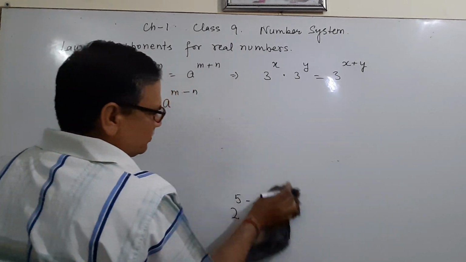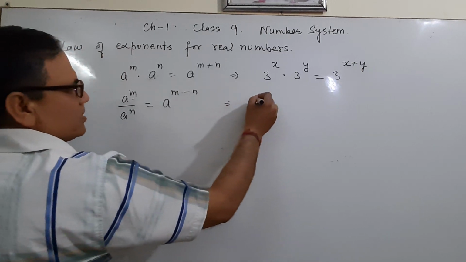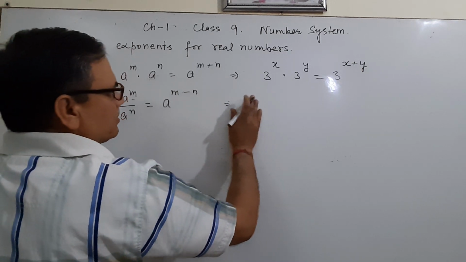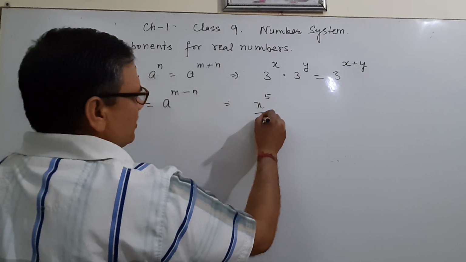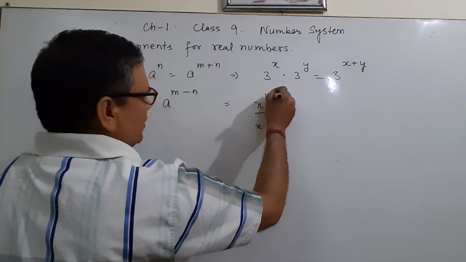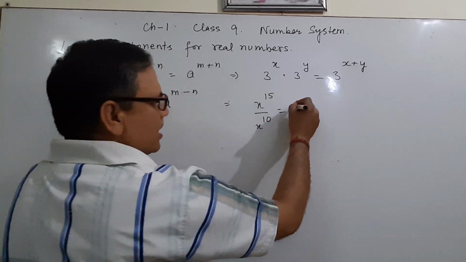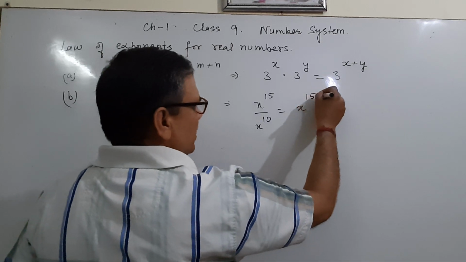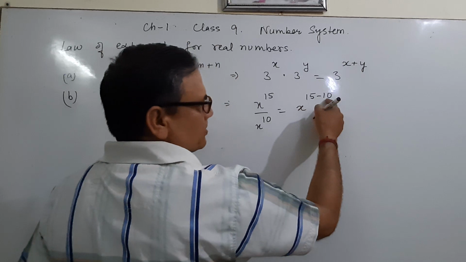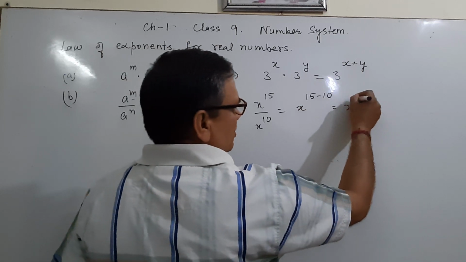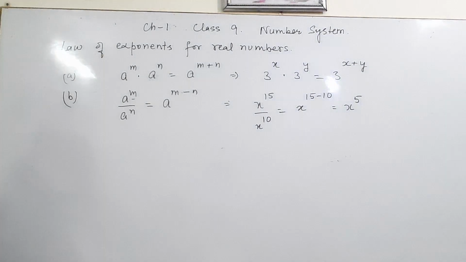One example also on the basis of this one. x power 15 divided by x power 10 is equal to x power 15 minus 10, which is equal to x power 5. This is the second example.